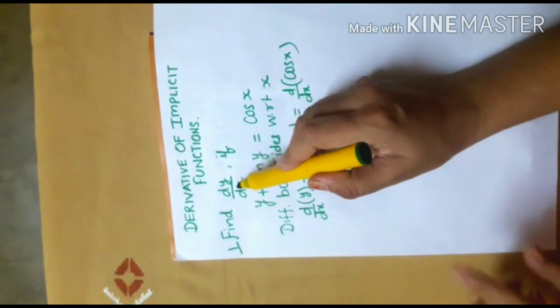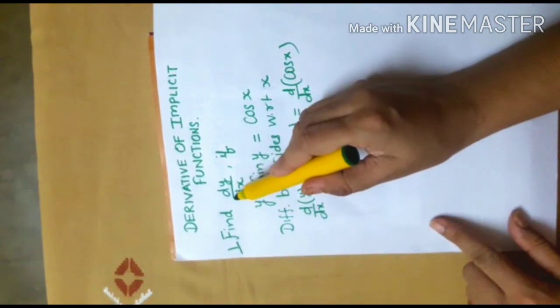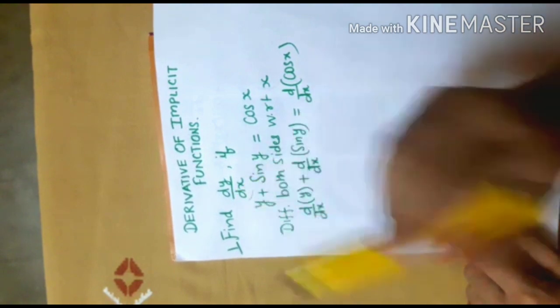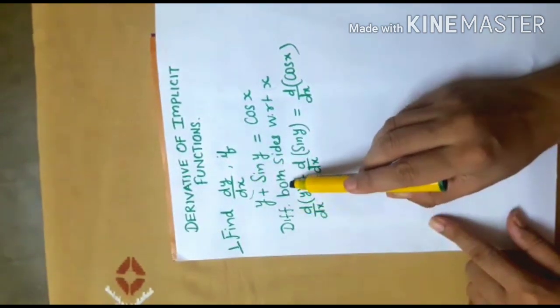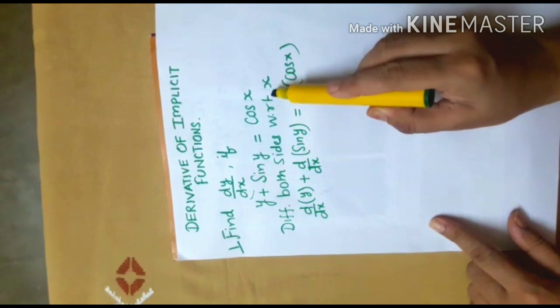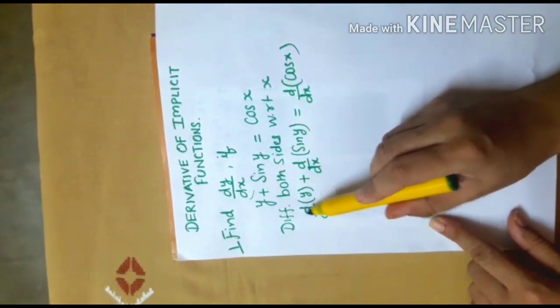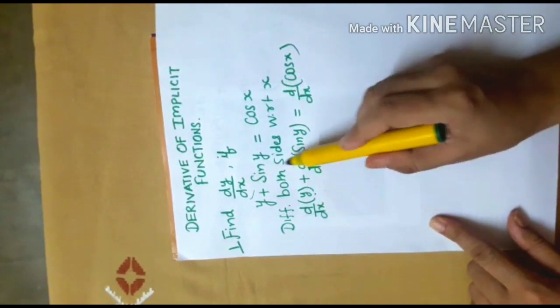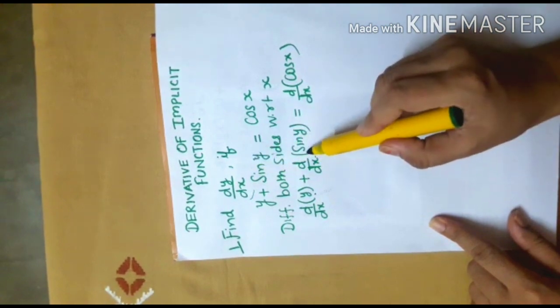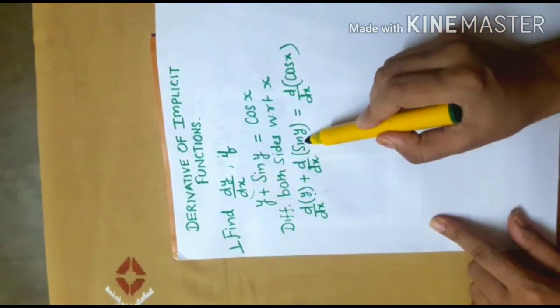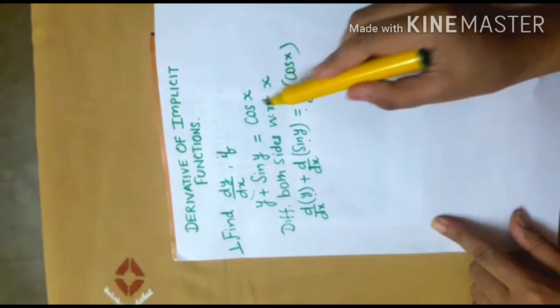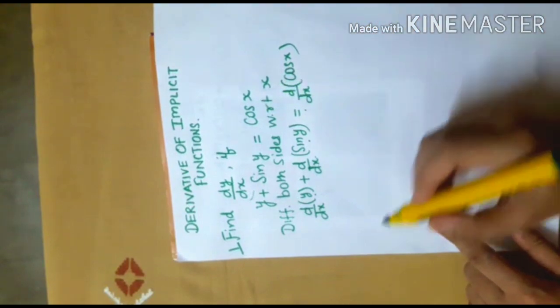So one thing is clear, that I have to differentiate with respect to x. Differentiating both sides with respect to x, I get d by dx of y plus d by dx of sin y equals d by dx of cos x.